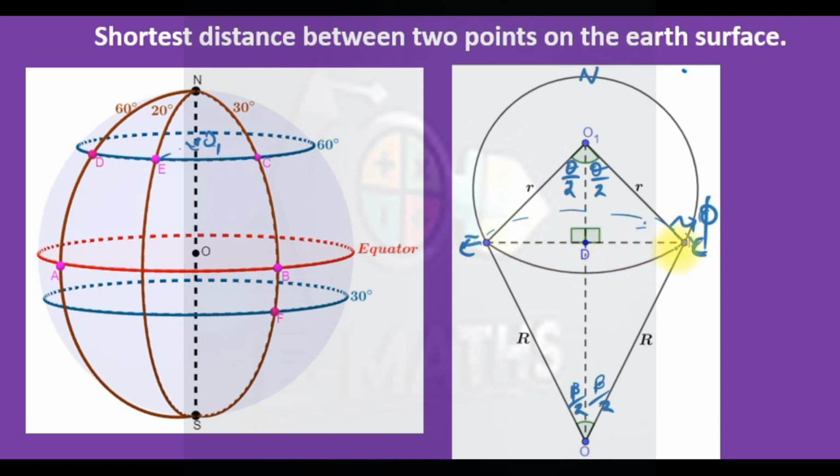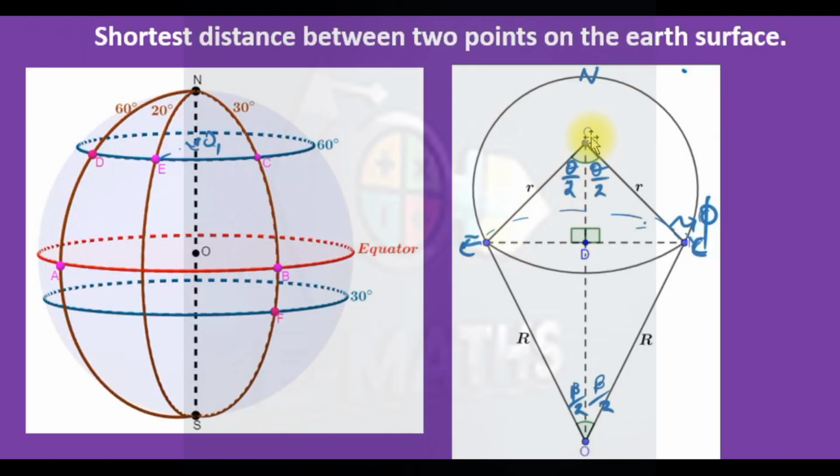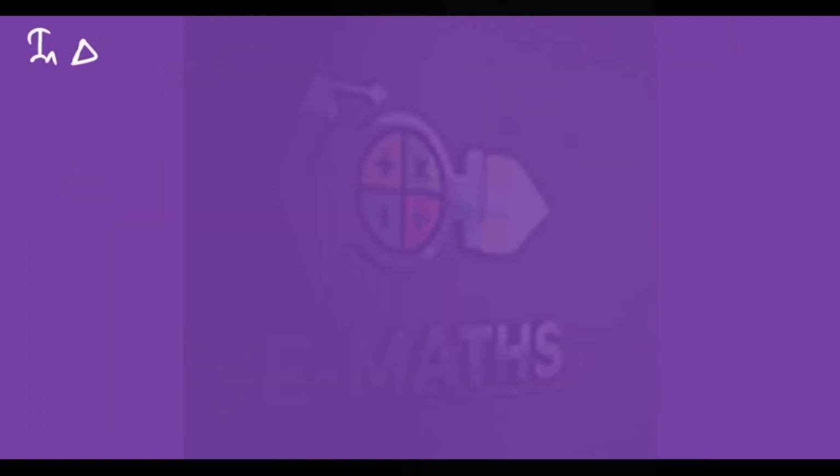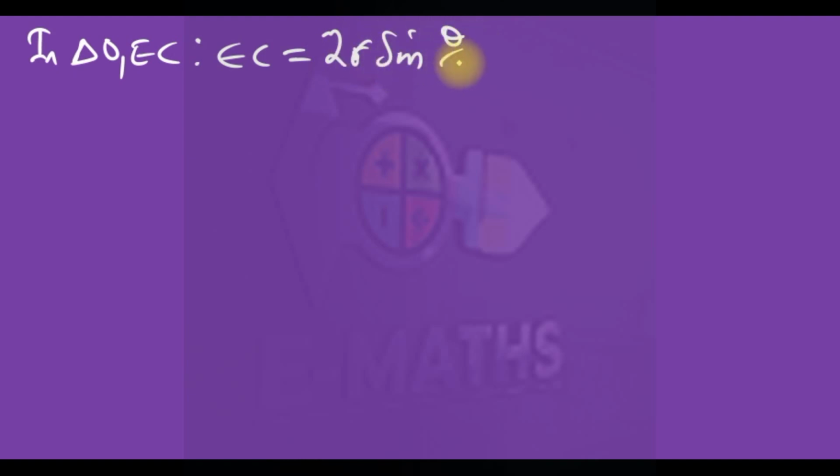We know that a chord, in triangle O subscript 1 EC, remember the formula for chord, the length of chord is 2r sine theta over 2.